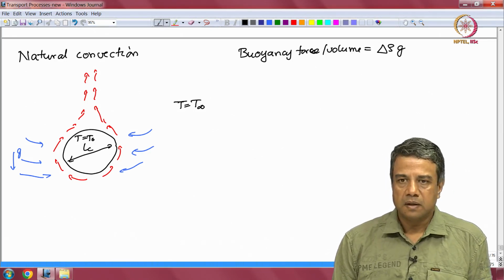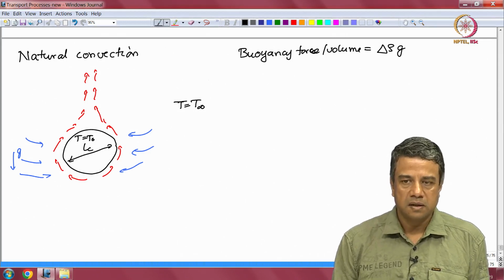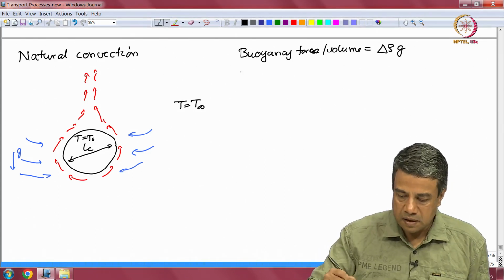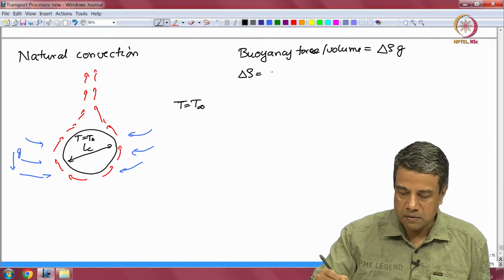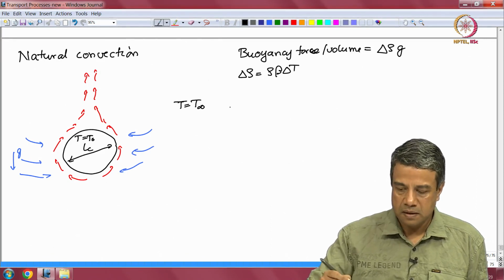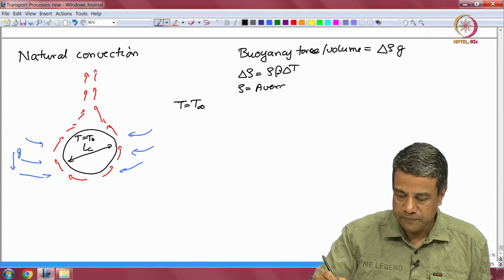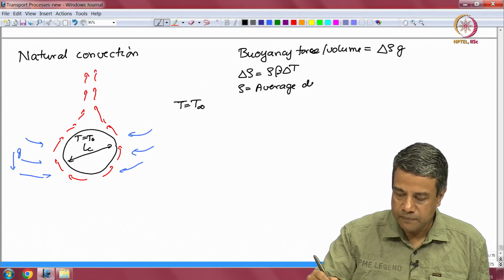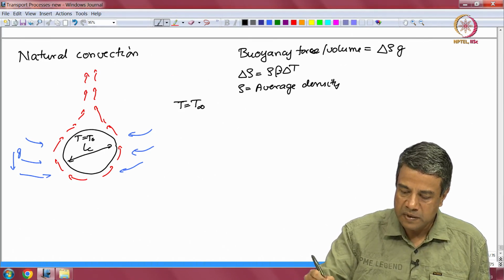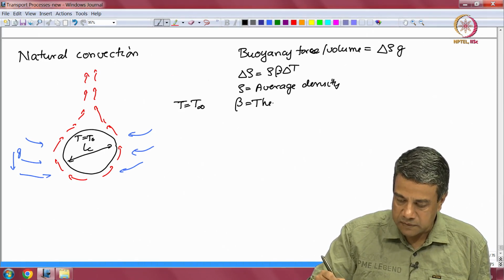Usually, if the range of temperatures is not too large, we can write delta rho is equal to rho beta delta T, where rho is the average density and beta is what is called the thermal expansion coefficient.